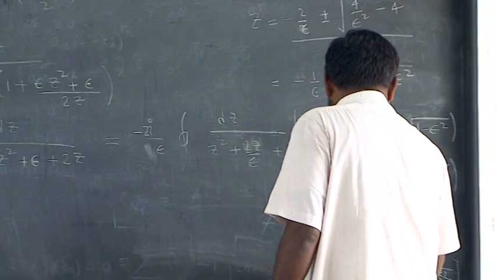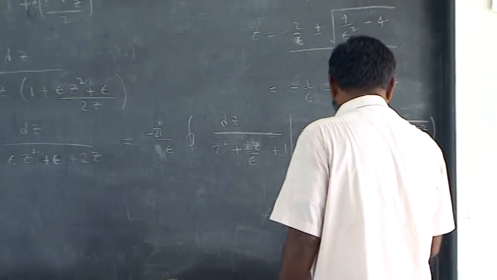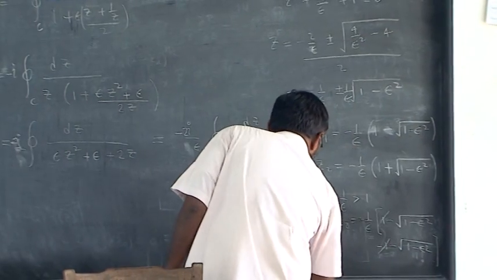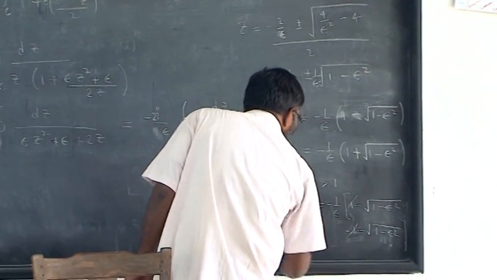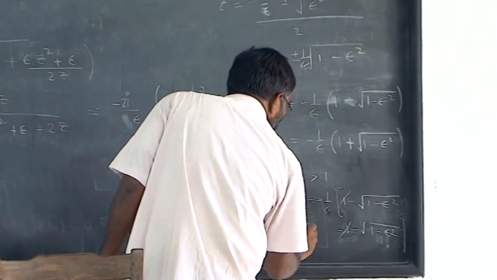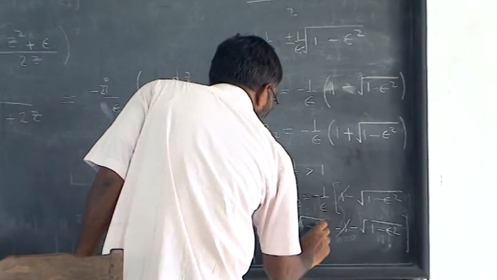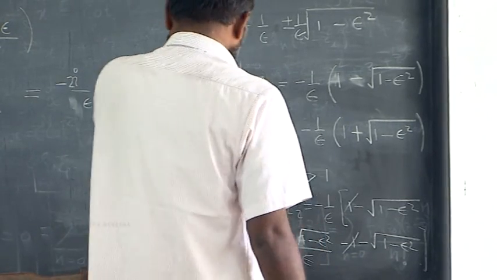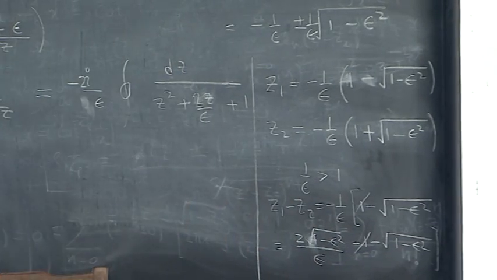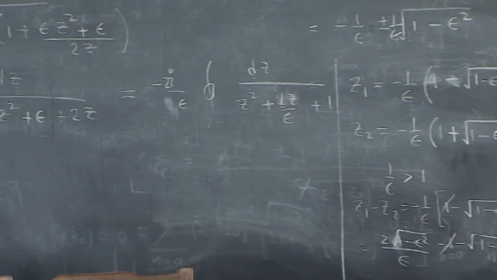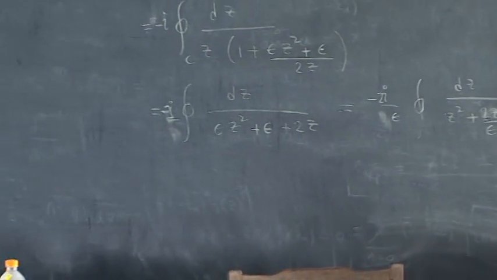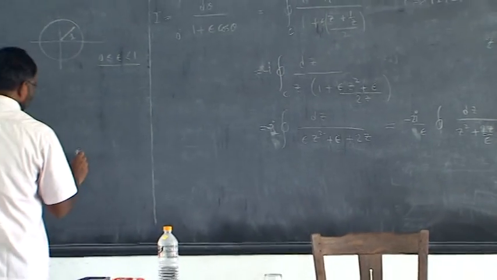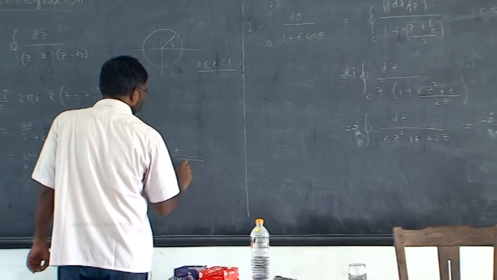So this minus 1 cancels, this is minus 2 epsilon, so this will be 2 epsilon minus 2 root 1 minus epsilon square divided by epsilon. So this is equal to epsilon by 2 square root of 1 minus epsilon square.